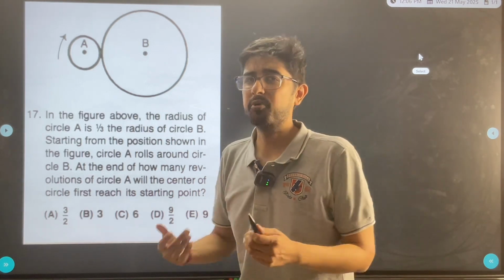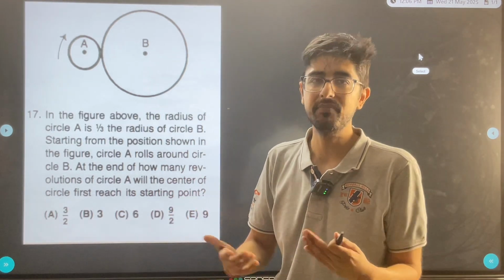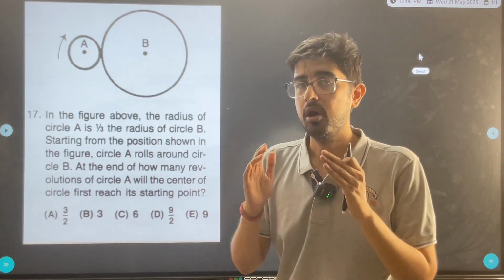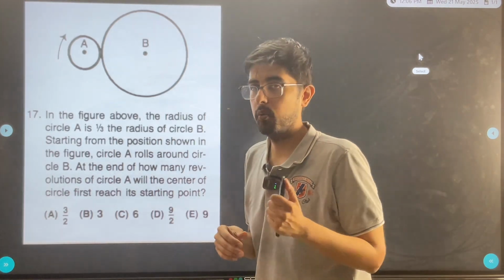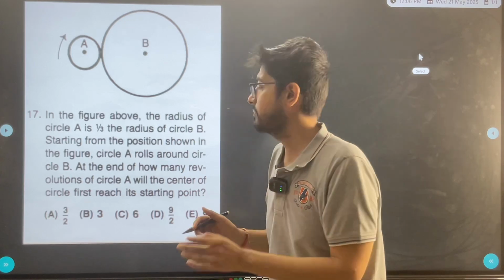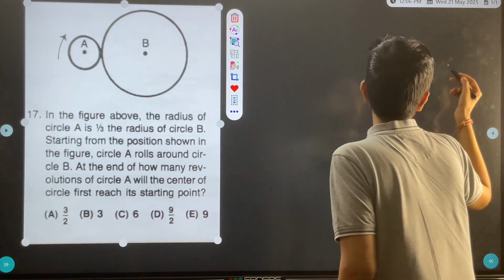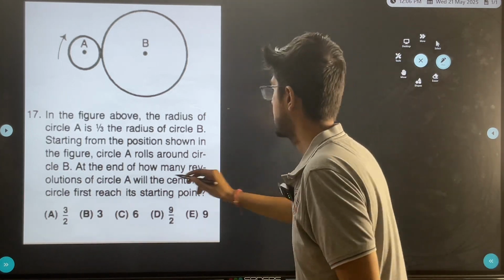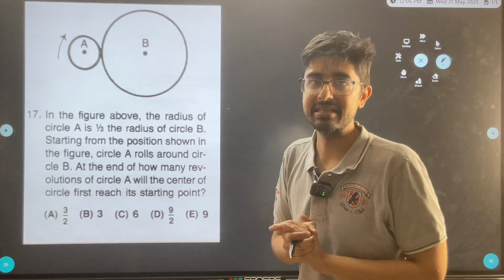Now there are many approaches and many ways of solving this question, and most of these options will also seem correct. One of the options is correct in one of the viewpoints, and I will also explain why that viewpoint works, but the entire concept lies in the concept of rolls around, and when someone is saying rolls around, that's where the entire concept lies.